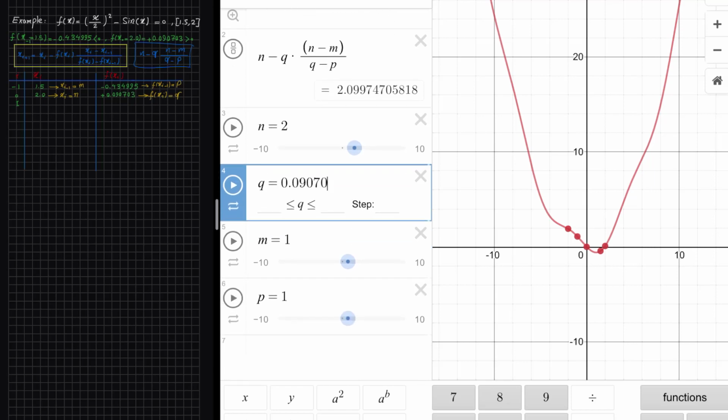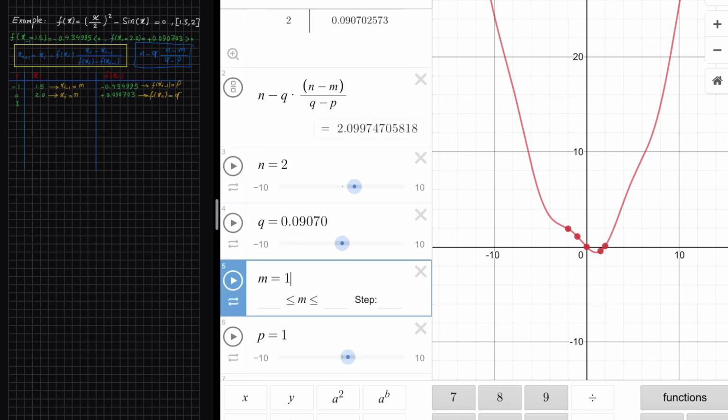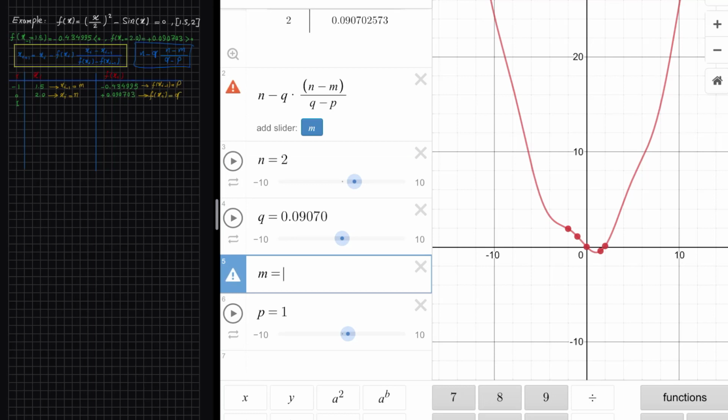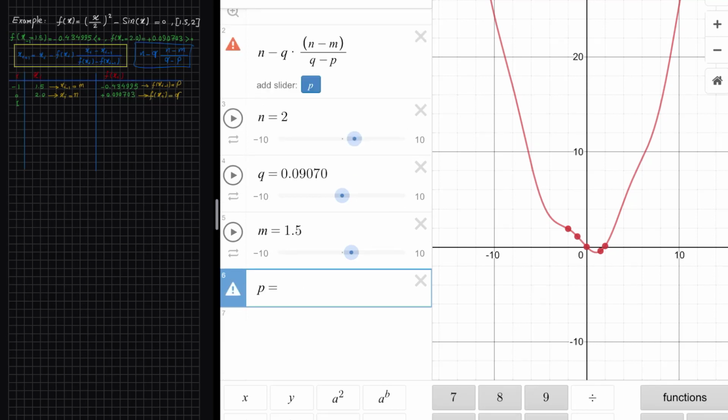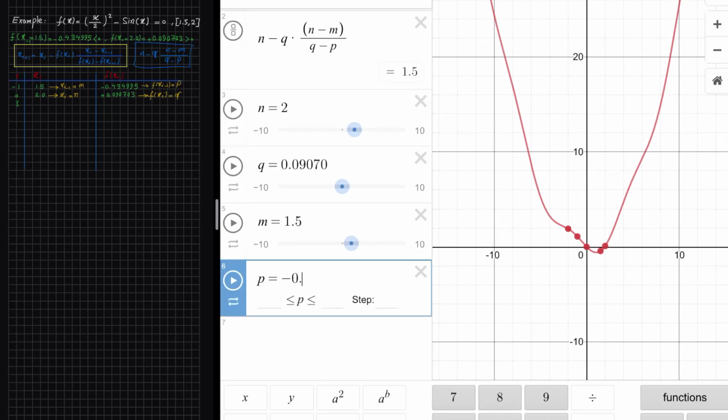For m, which is our xi minus 1, we put 1.5. And for p, which is our f(xi minus 1), we put minus 0.4349995.